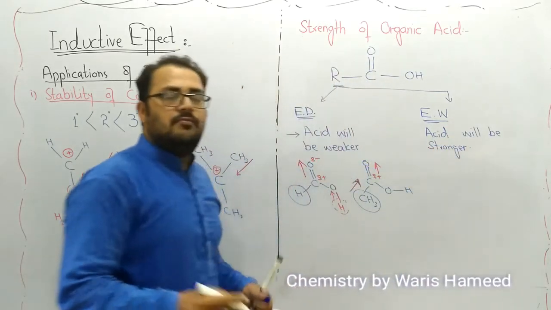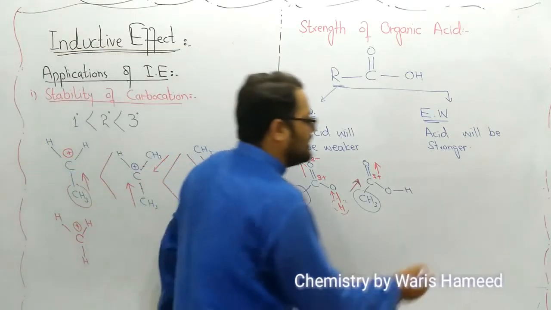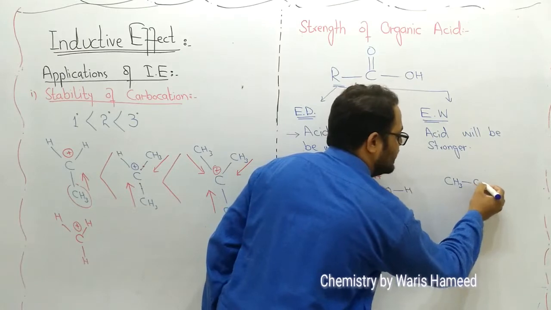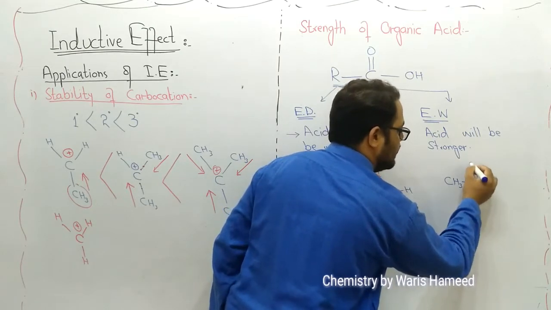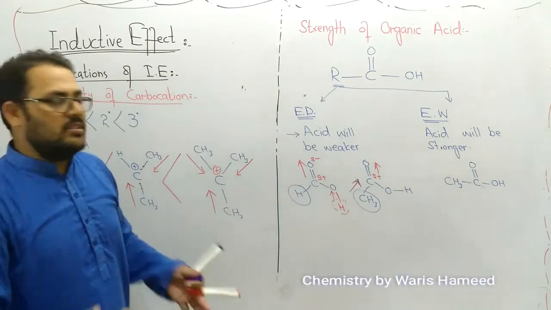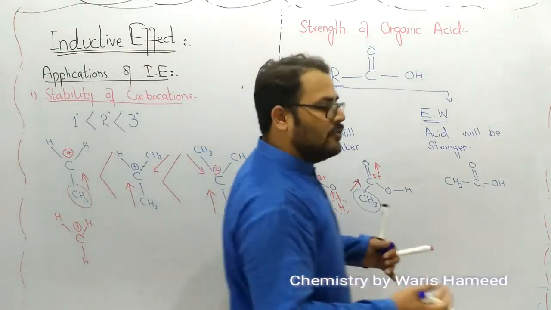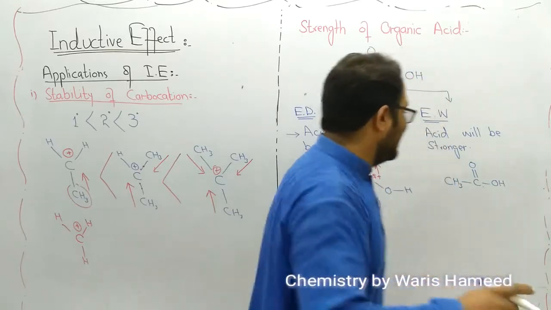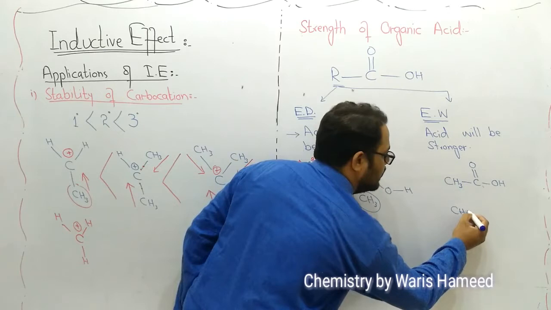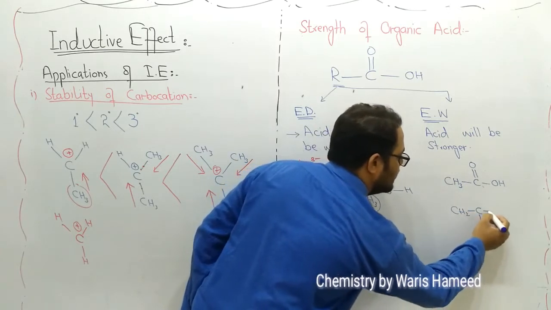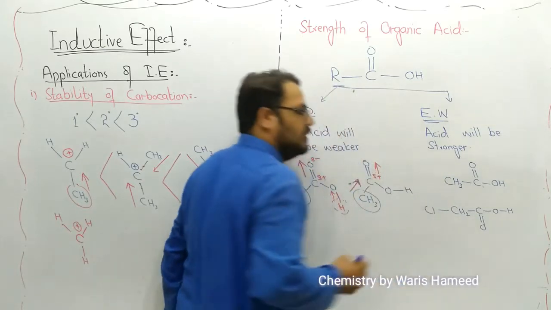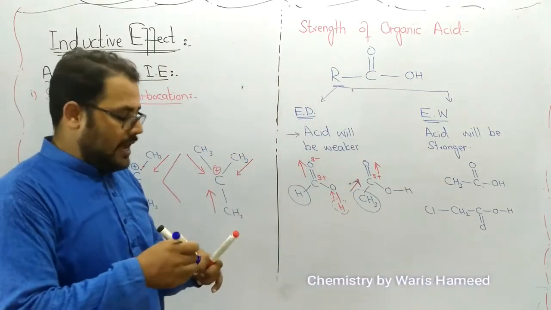For example, we have ethanoic acid, CH3COOH, acetic acid or ethanoic acid. And another we have chloroethanoic acid, CH2ClC double bond oxygen hydrogen. Here is one Cl, chloride or chlorine atom.